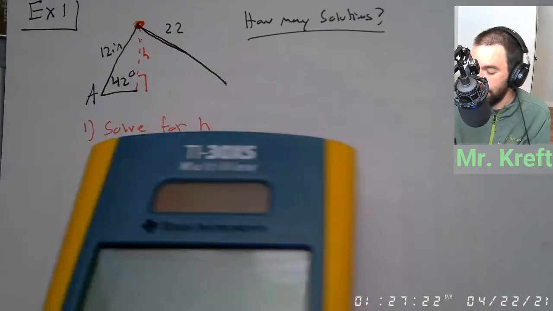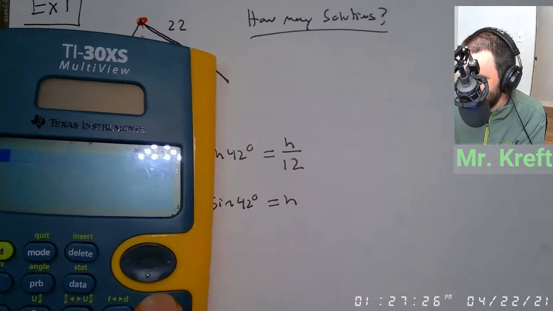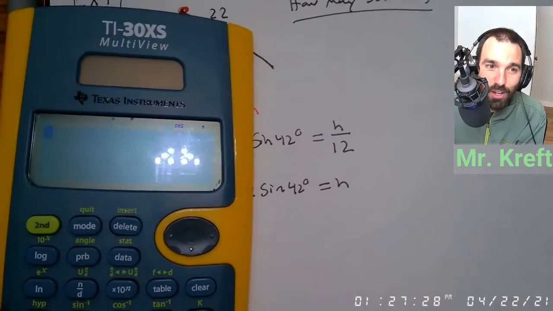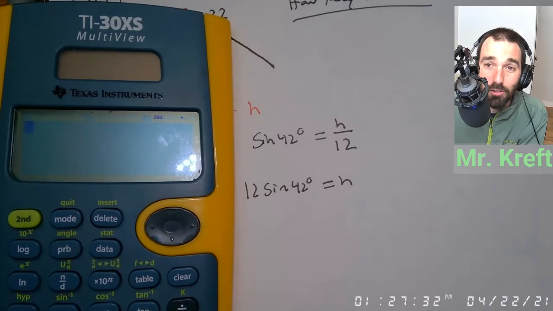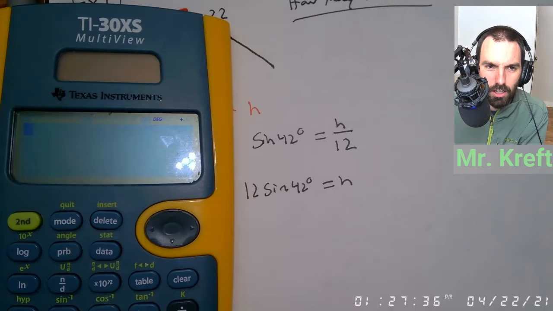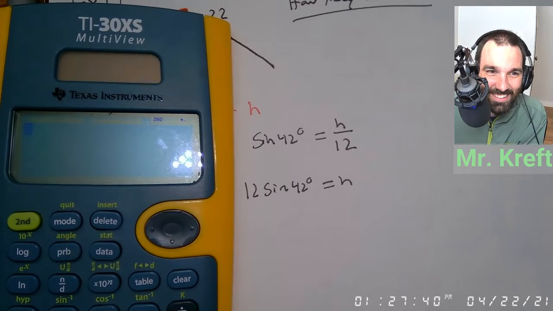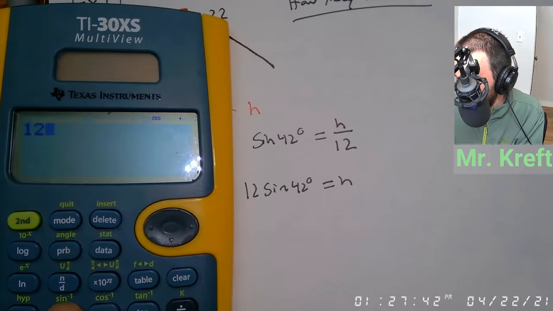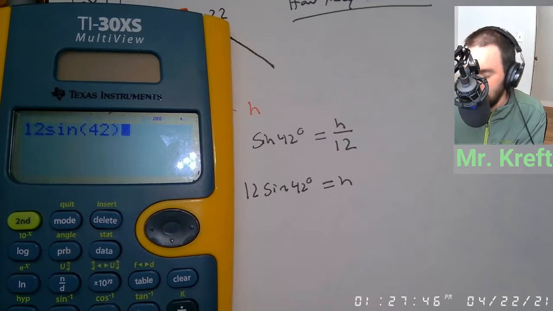So you get your trusty steed and you say, onward, stallion. And remember, if you don't say onward, stallion, you could do this wrong. So it's really important, especially if you're at school, that you say really loudly, onward, steed. So I get 12 sine of 42 degrees.